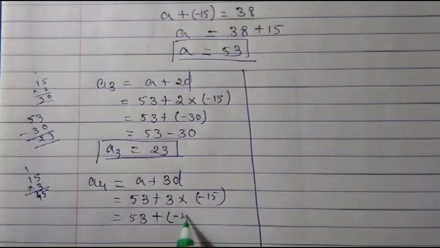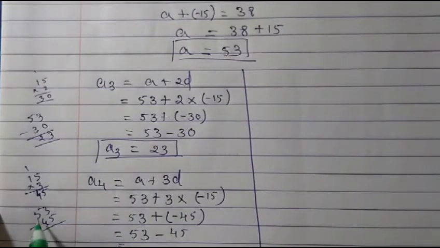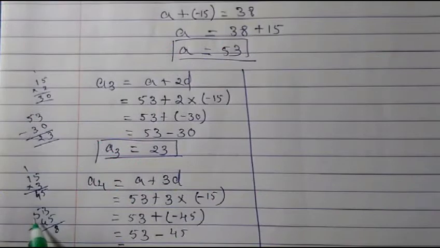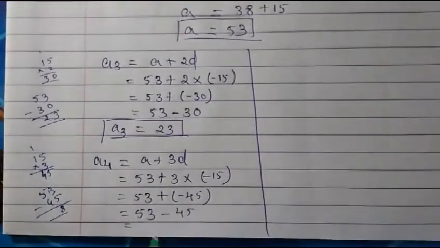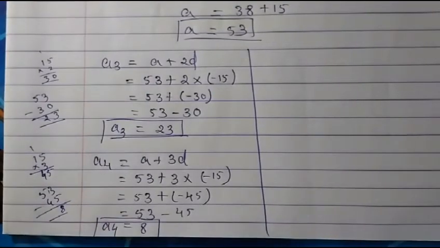So you'll get minus 45. So 53 plus minus 45 will give us 53 minus 45. Borrow 1, 13. 13 minus 5 will give us 8. Then 4 borrowed, 0. So 8 you will get. Biggest number is plus. So A4 will be 8.